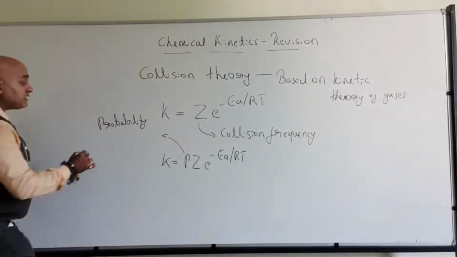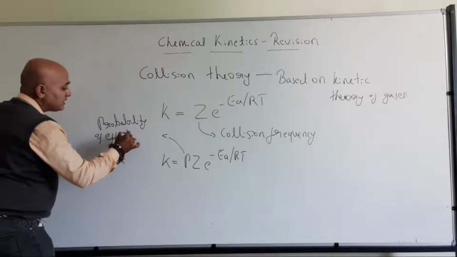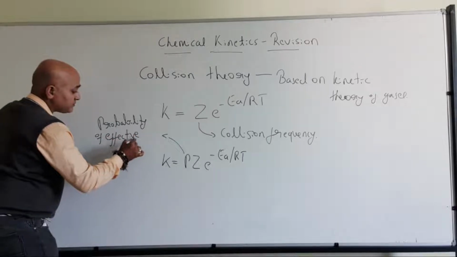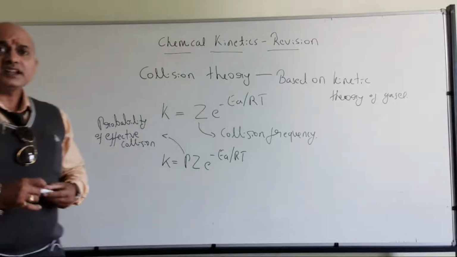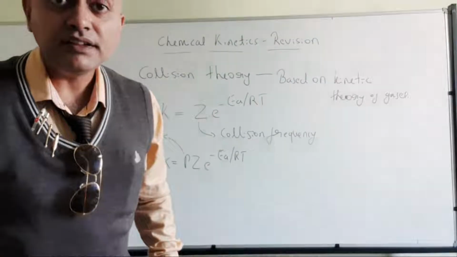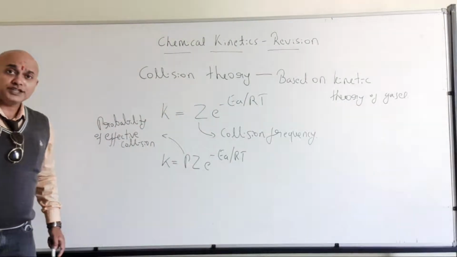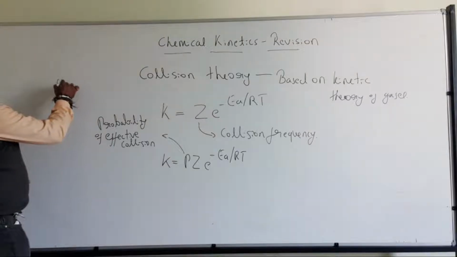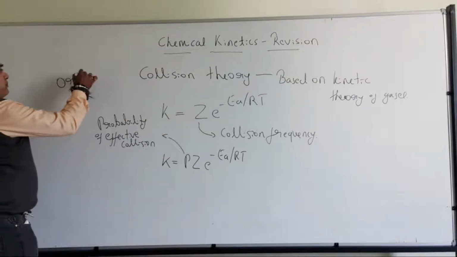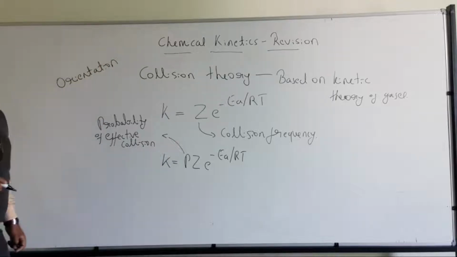Probability of effective collision. Sir, what do you mean by effective collision? Effective collision means whatever collision happens, it should have the proper orientation. Then only product will be formed.